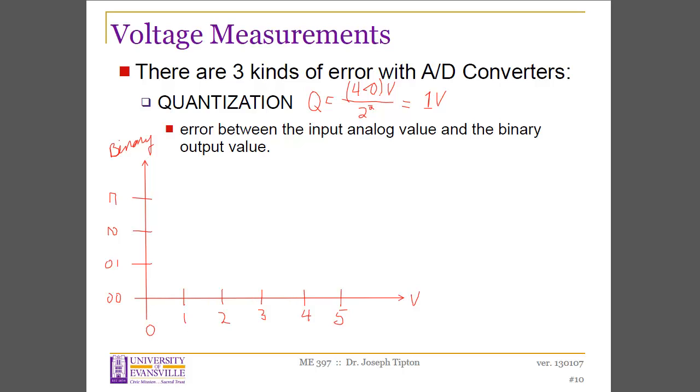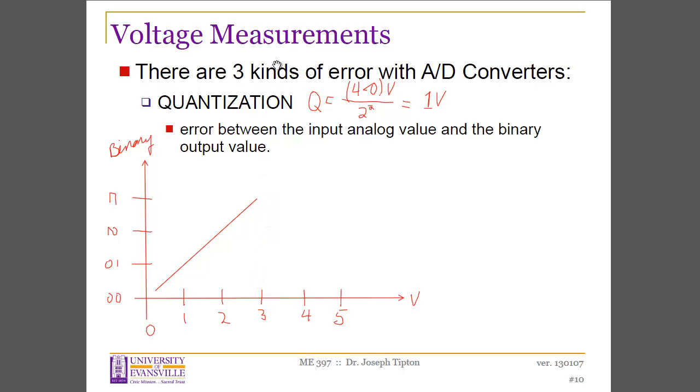Okay. Ideally, we would have a one-to-one correspondence between these. So 1-to-1 is going to look something like this. There we go.